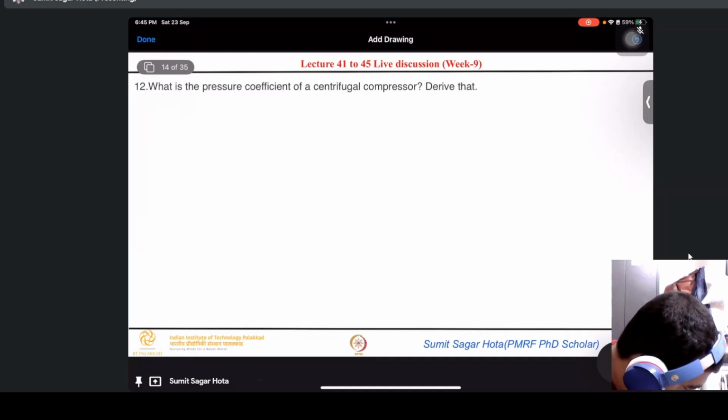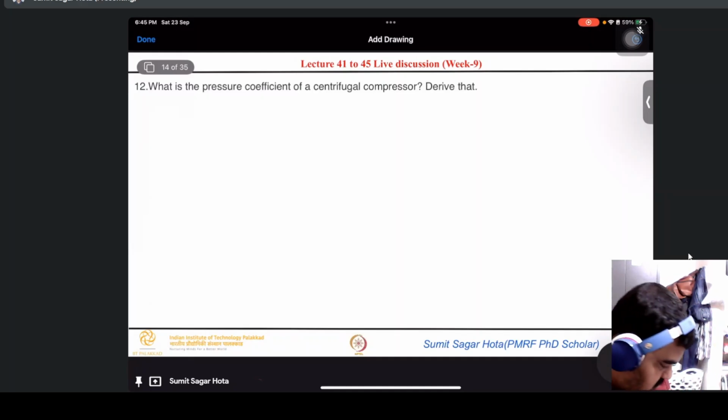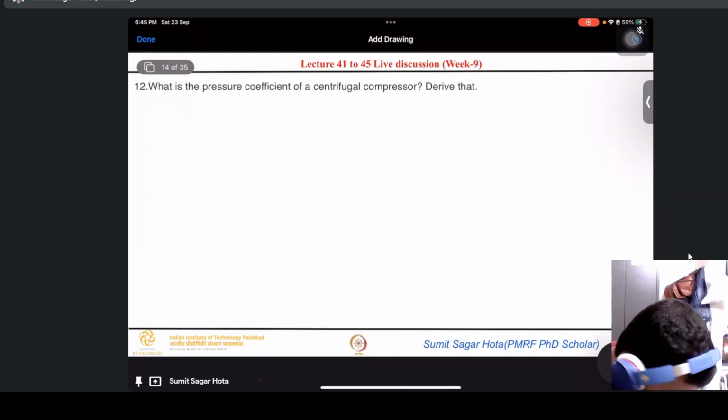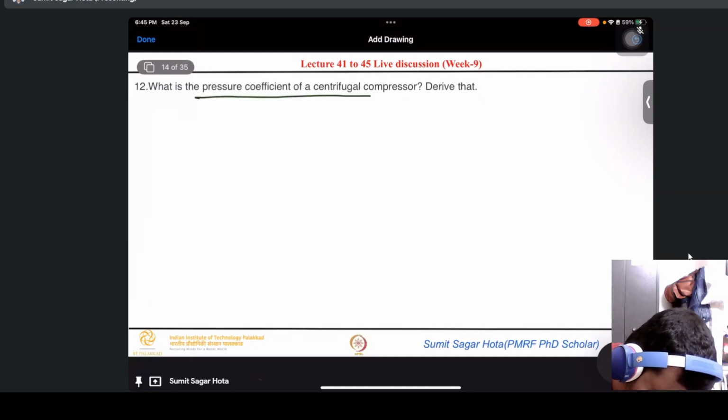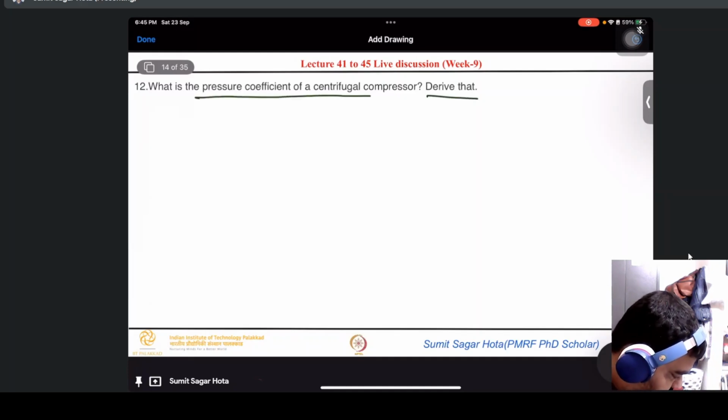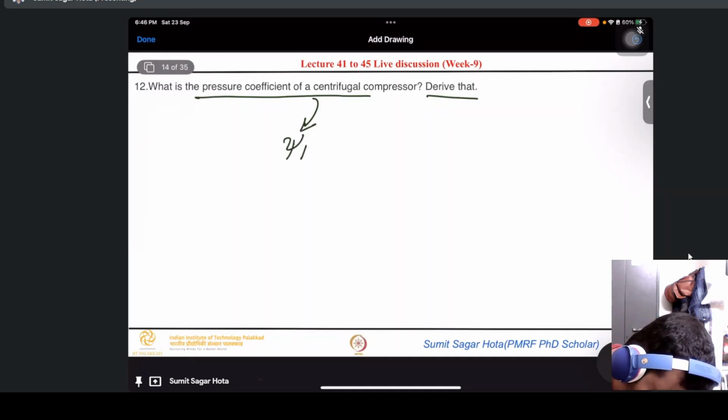First of all, some expressions you should know. Let's represent the pressure coefficient by psi p.